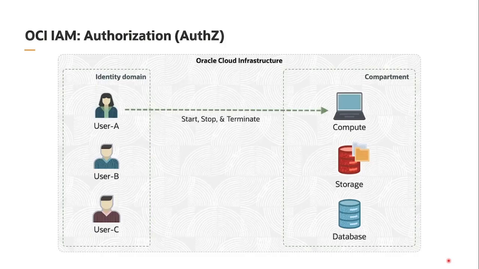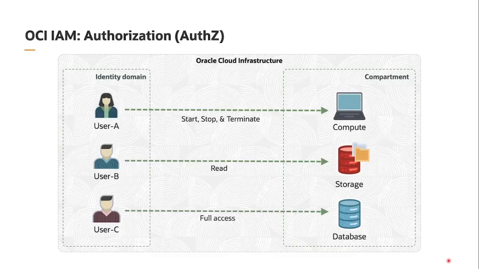For example, user A has permissions to start, stop, and terminate a compute instance. User B has permission only to read a storage bucket, and user C has full permission to manage or modify the database. Now suppose user A tries to stop a compute instance, the authorization process will check if they have the required permissions or not. And if they do, the action is authorized and the command is executed.